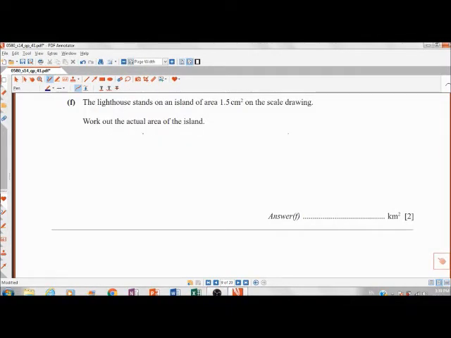Right here, you have to square the scale first, because the area given is squared, of course. So 4 centimeters squared to 9 kilometers squared, 1.5. Cross multiply and you get the answer. It's 3.37 kilometers squared.